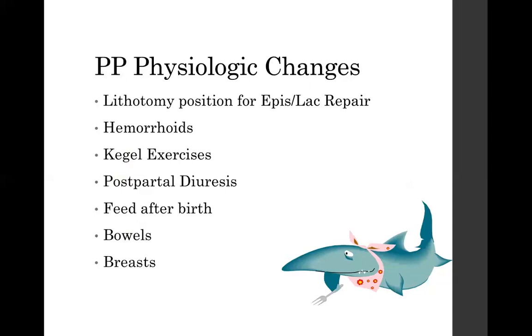Kegel exercises are going to be really important for the return of the pelvic floor muscles and to prevent urinary leakage. When the baby is born, there's a lot of trauma that occurs in and around the perineal area. So ensuring that that muscle is as strong as possible is really going to help.